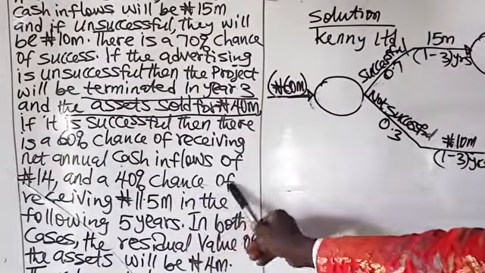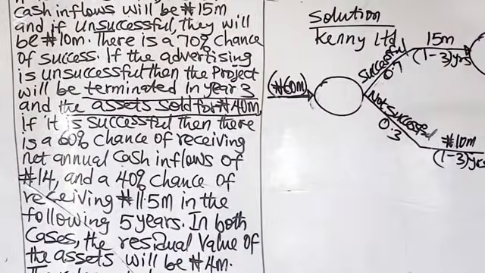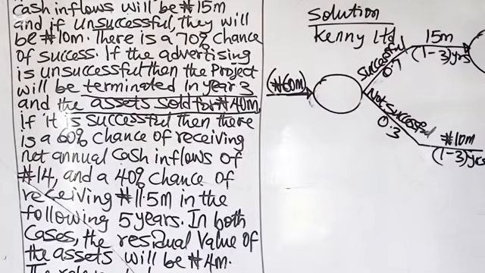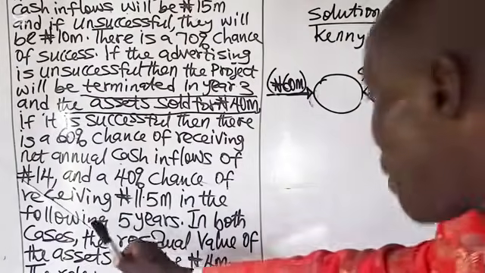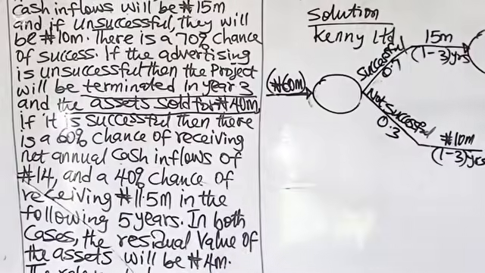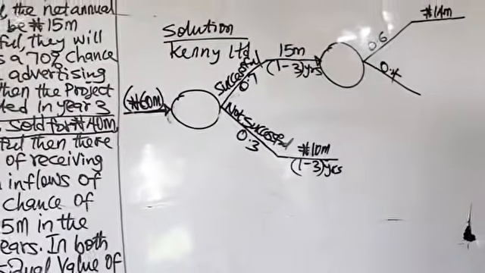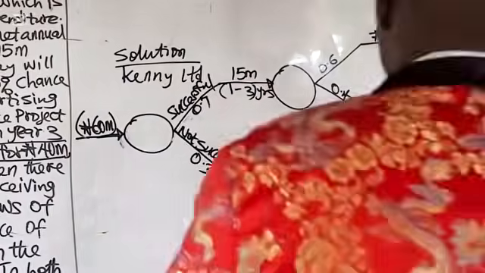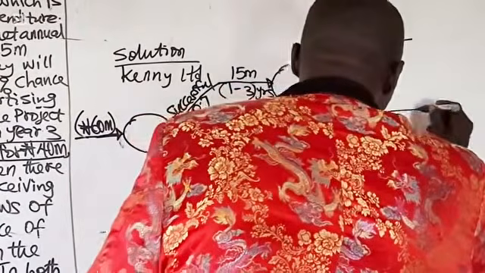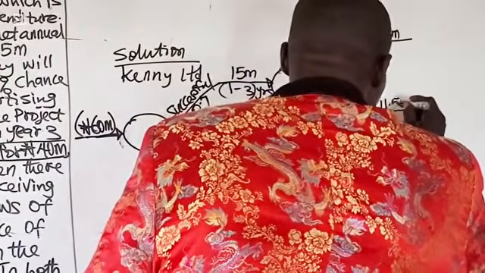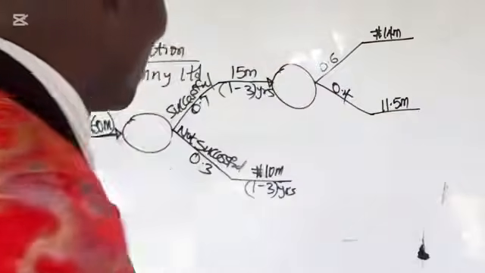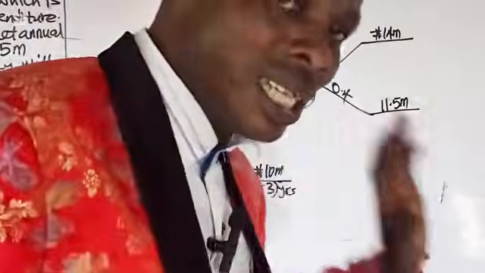And 40% chance of receiving 11.5 million naira in the following 5 years. So the chance of receiving 11.5 million is 40%. You have the initial 3 years.